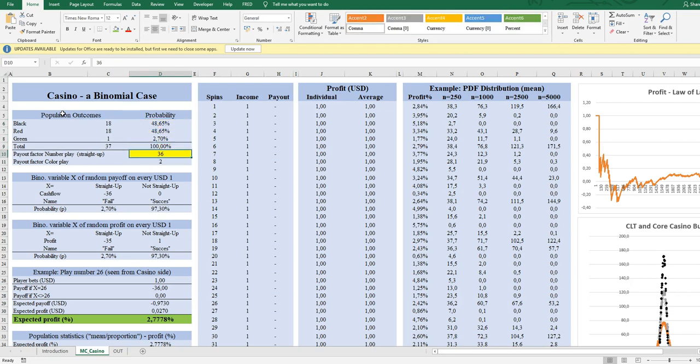The payout factor to the player, if a particular number is hit, a straight up hit, is 36, and it's double up if there is a successful color play on red or black.